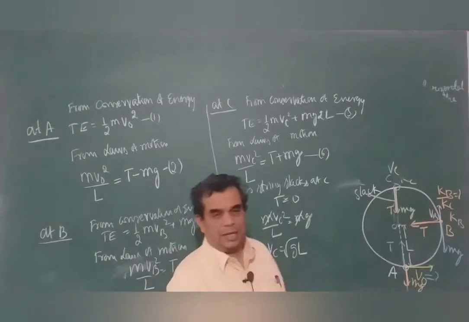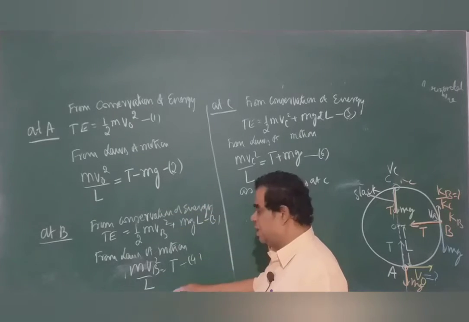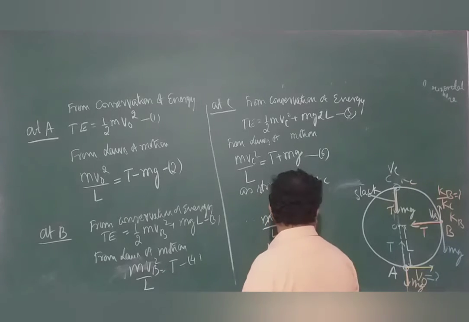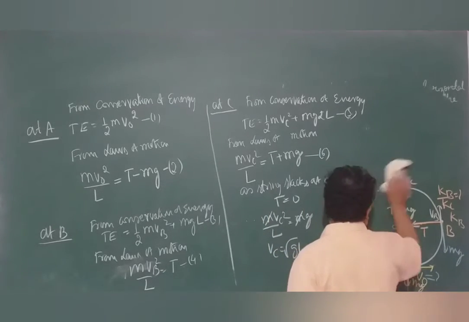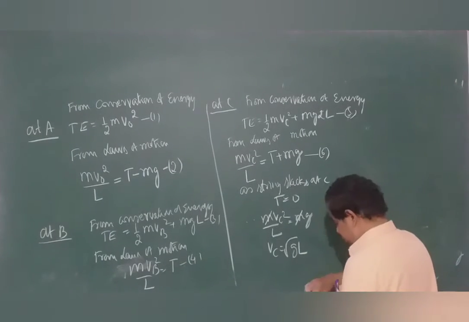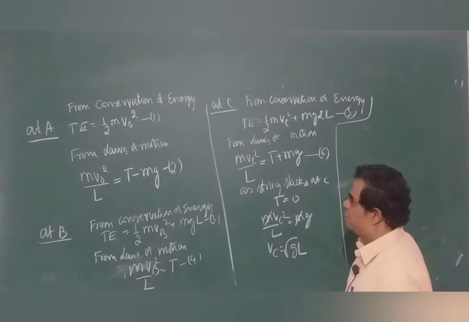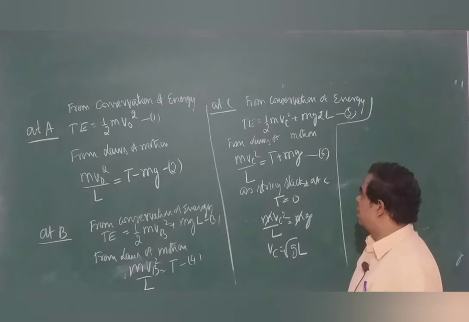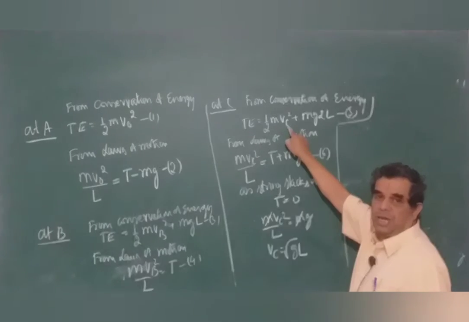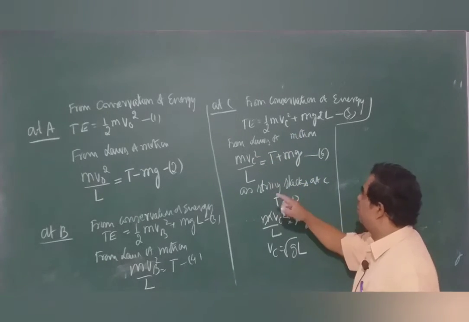Now using these equations, we can start with solving for V0 and Kb and Kc. I rub this off now as it is not required. Let me write down the things now. Say Vc is root of gL, and if you substitute that for total energy and apply the law of conservation of energy for A, B and C, we'll get all the things.